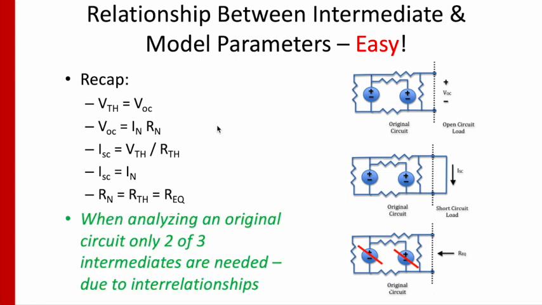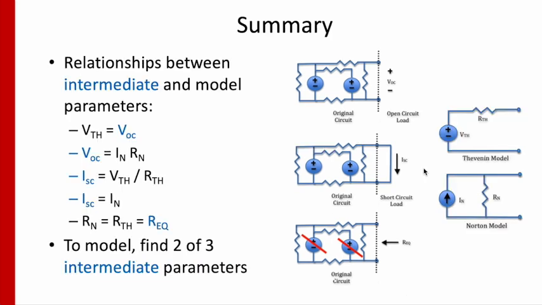Now, a little bit of good news. Because of the interrelationships that you see here between these different parameters, when you go to analyze an original circuit, you actually only need to find 2 out of 3 of these quantities. That's because of all the different interrelationships. Okay, so here's a summary page.